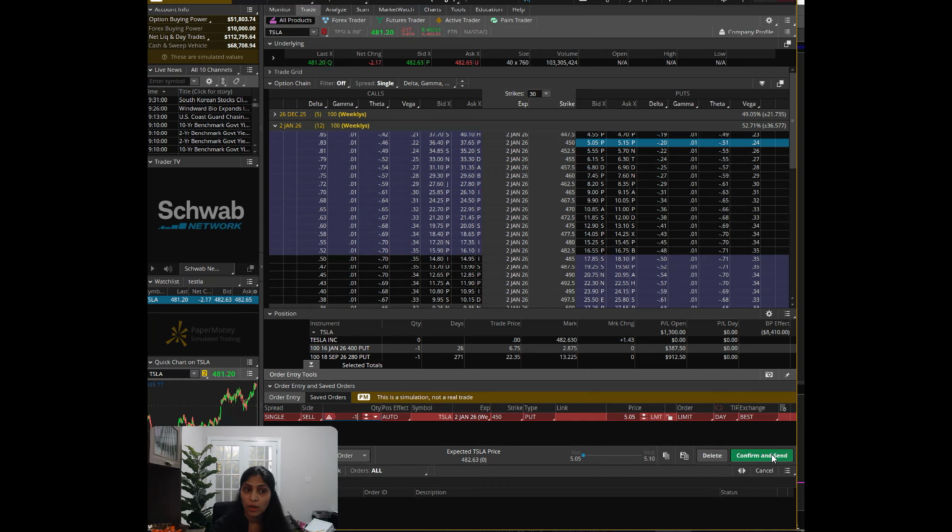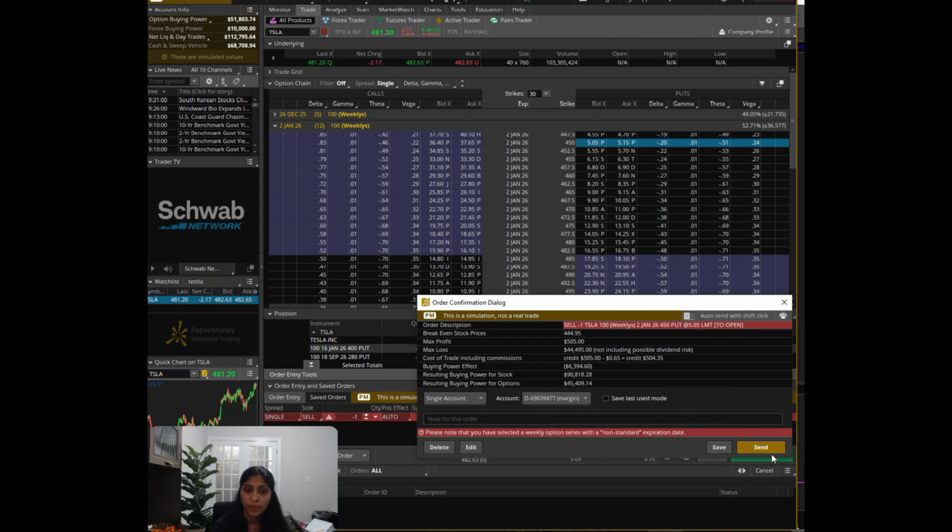And if I say confirm and send, if you see, the max profit is $500, the max loss is 44,495. Why are they saying max loss is 44,495? They consider, imagine if that stock comes to that price, like 450, and you get assigned, and after that it goes to zero.